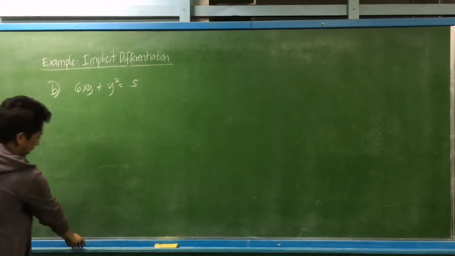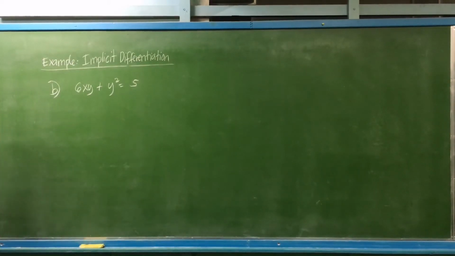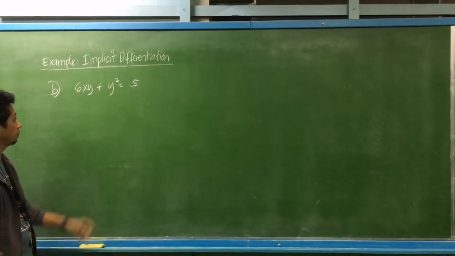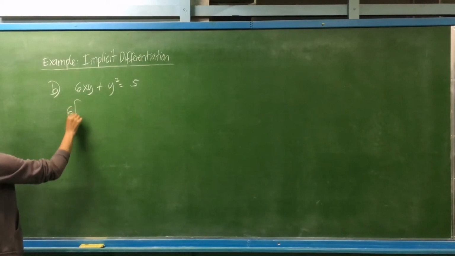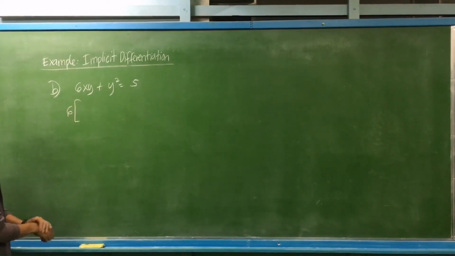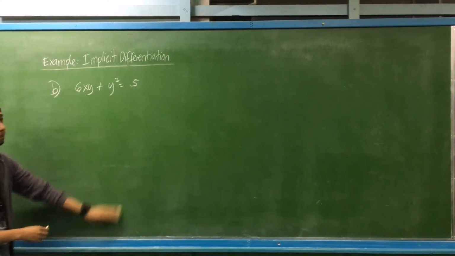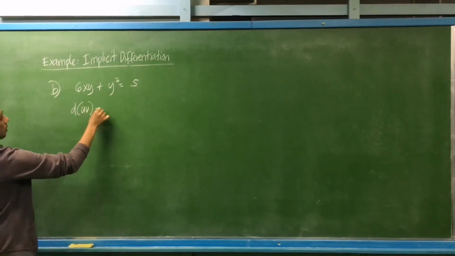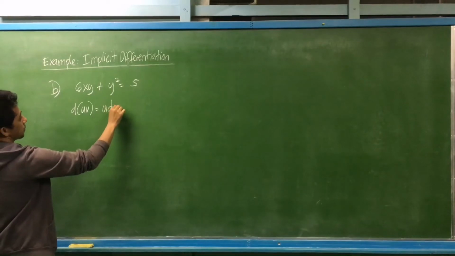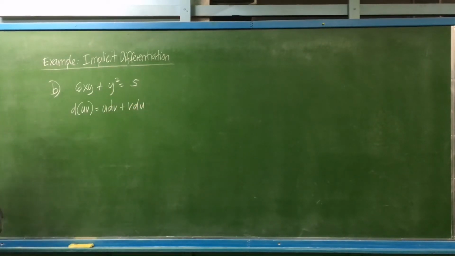For our next example, under implicit differentiation, we have the equation 6xy plus y squared is equal to 5. For this case, we apply the product rule here. If you recall the product rule, the derivative of the product of u and v is the first term times the derivative of the second term, plus the second term times the derivative of the first term.